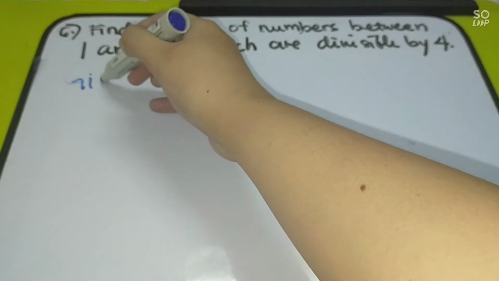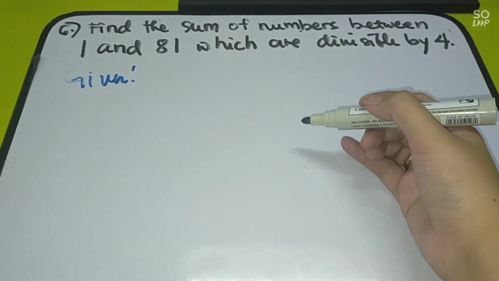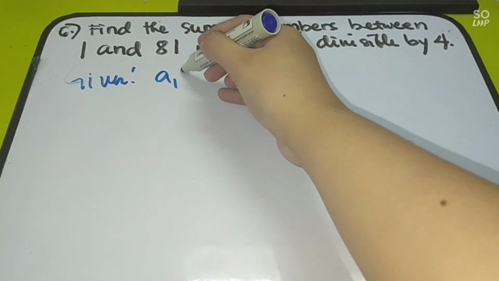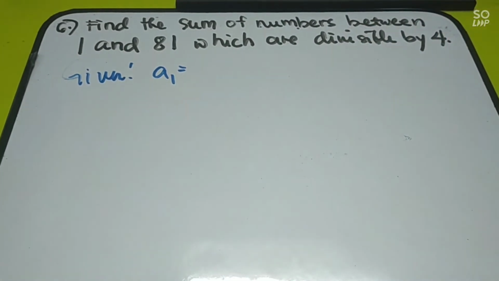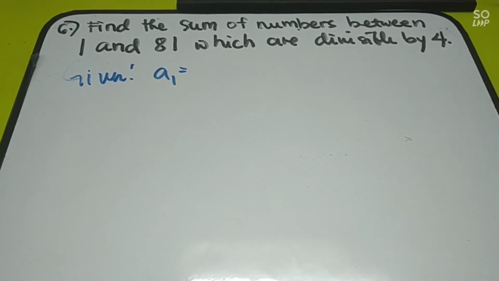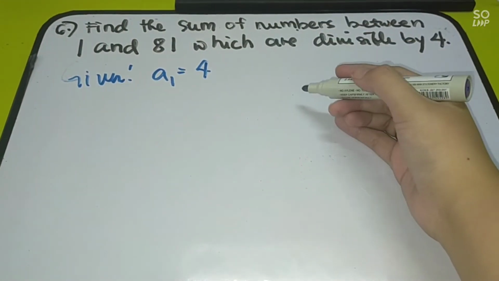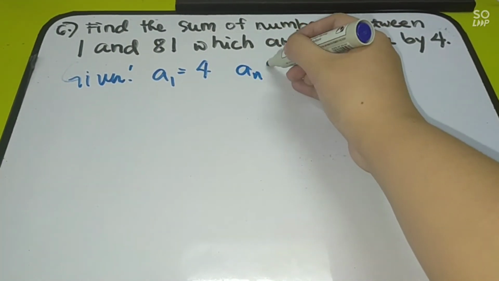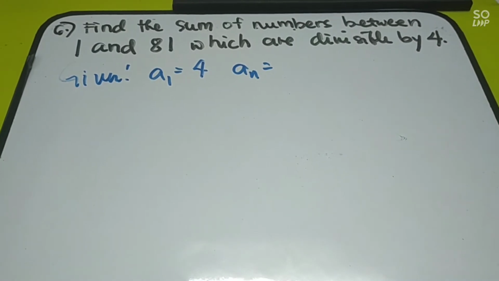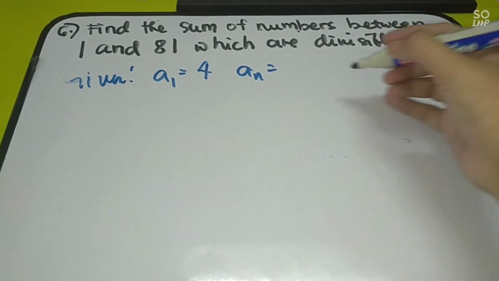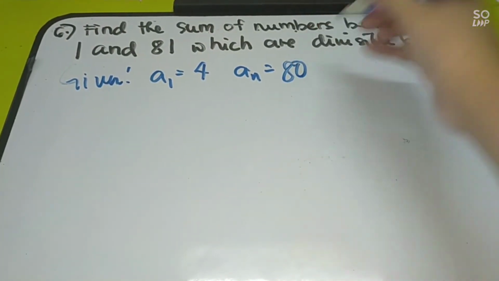So, let us have the given. Obviously, what is the first term from 1 to 81 na divisible by 4? So, we have here 4. Diba? And then, for the last term, pinakamalapit na divisible by 4 kay 81, we have here 80.